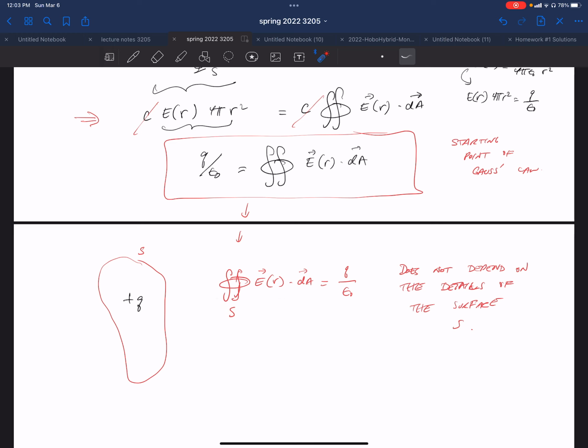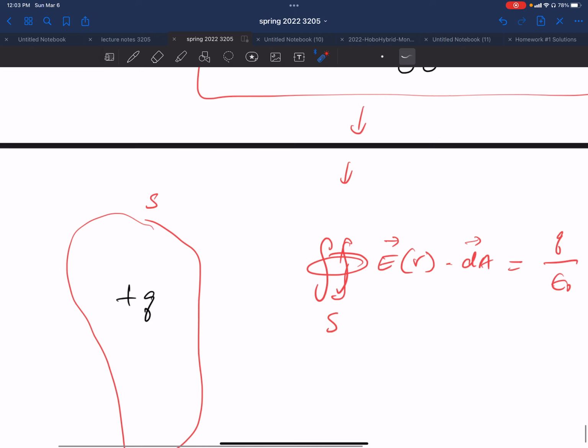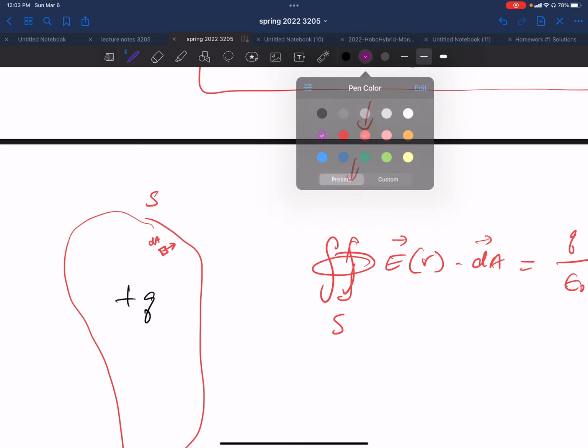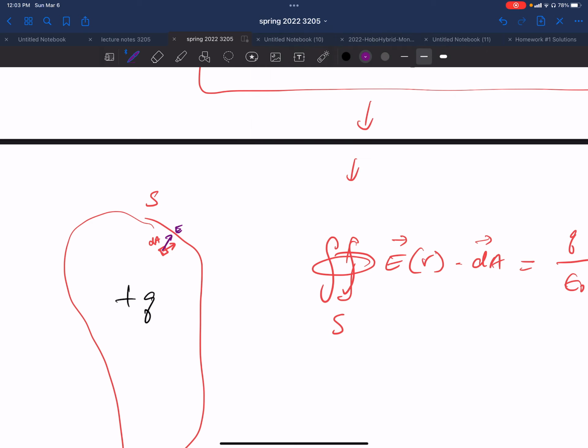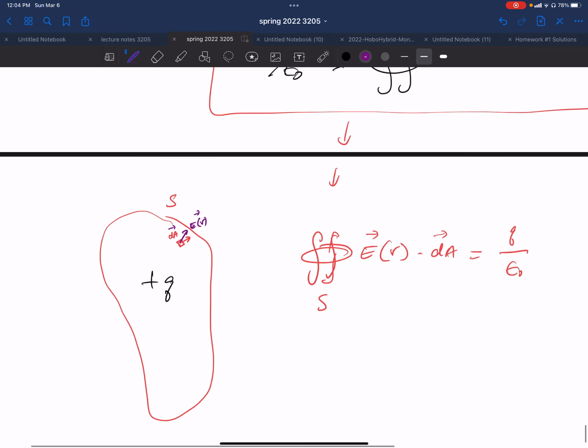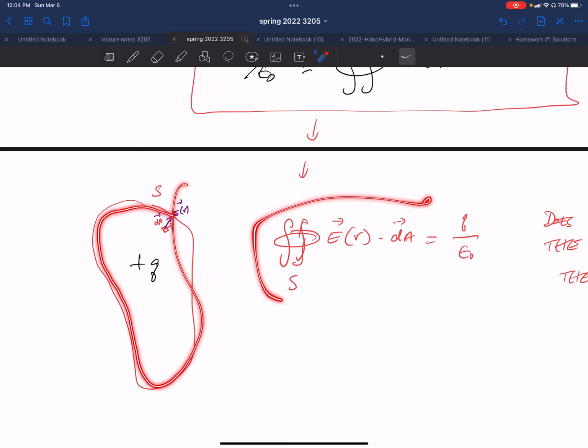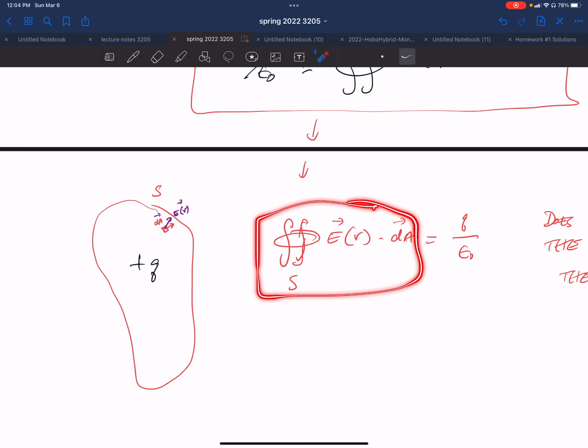But let's say you had a computer and this sort of weird shape, you could divide it into a bunch of little areas, dA, with a direction, and you'd have a direction of electric field in each one of these places, and then you could sum all those up in this integral and come up with this left-hand side.